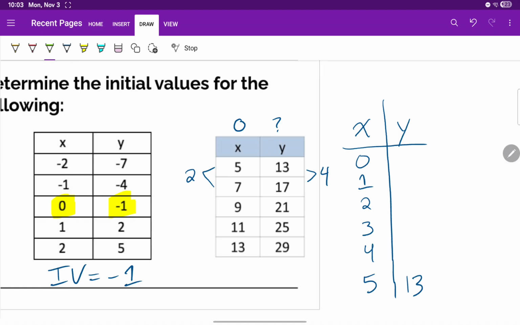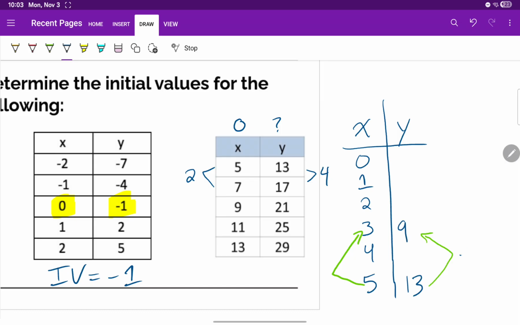So that means that from 5 to 3, it's going to go from 13, it's going to be going down 4. So it's going to go from 13 to 9.